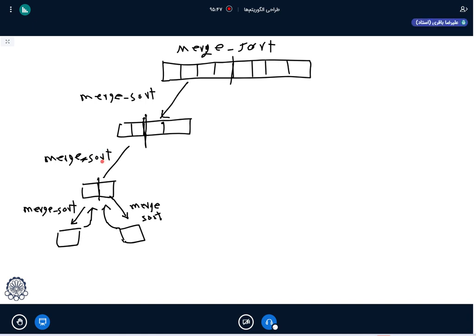Then we have nothing else to do in this function call, and we return back to its parent.